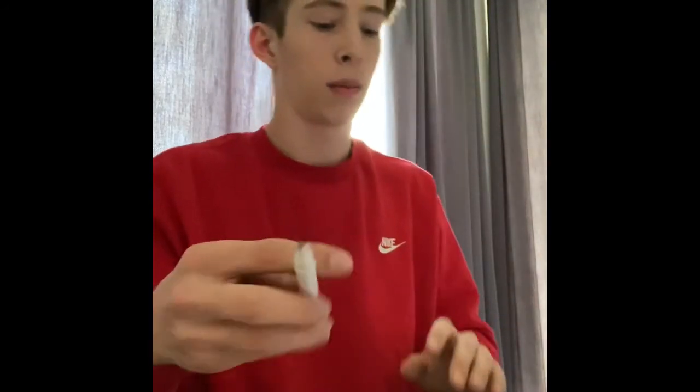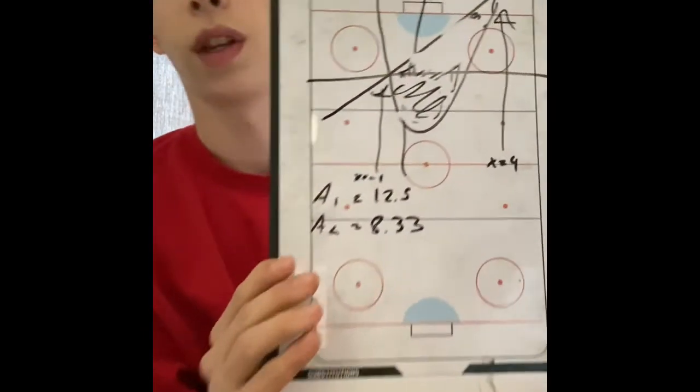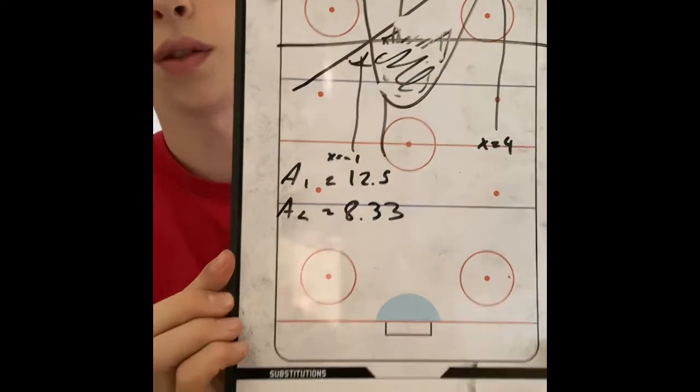And then we plug in the second function. And of course we come up with a negative value again, but we will multiply this by -1, and we come up with 8.33.